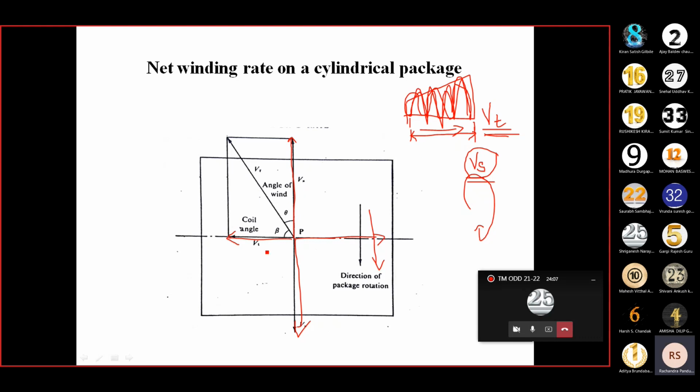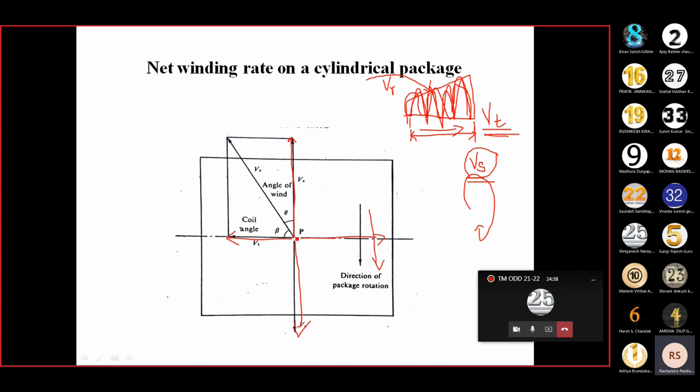So by using this Vs and Vt, you are winding the yarn onto the package. So there must be a net winding rate, a rate at which you are winding the yarn over the package. Here we consider the net winding rate, that is Vr.